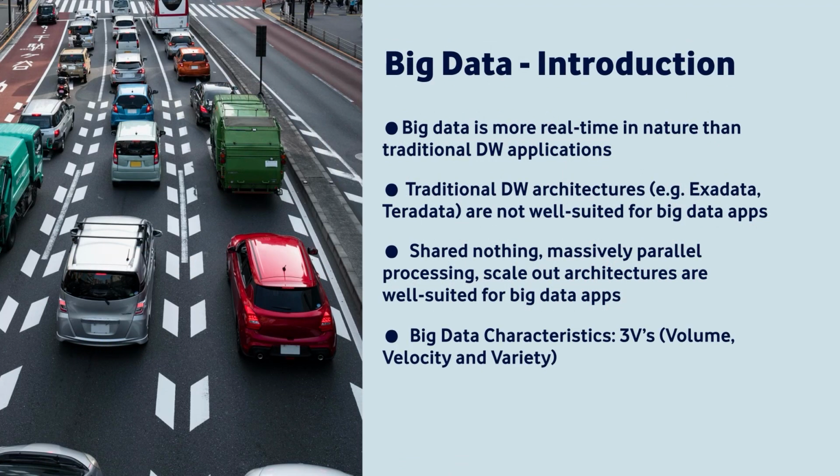And especially, big data has three important characteristics. One is volume, second is velocity, and third is variety. Volume is basically the size, because today this data is growing day by day.